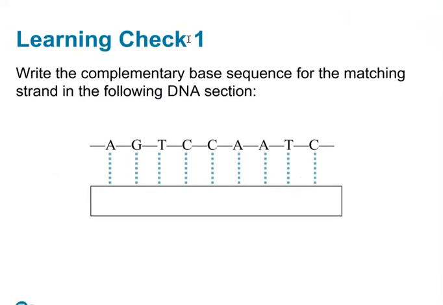Complementary strand, what pairs with A in the DNA? G, T, C, G, T, T, A, G. Now, if we add the ends, again, hear me out. This is the convention.